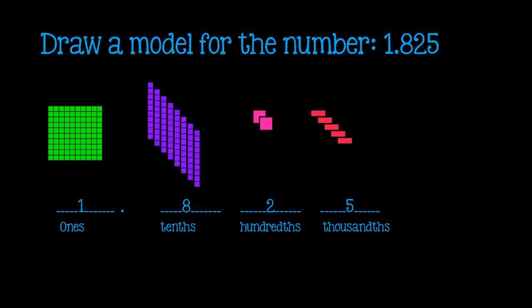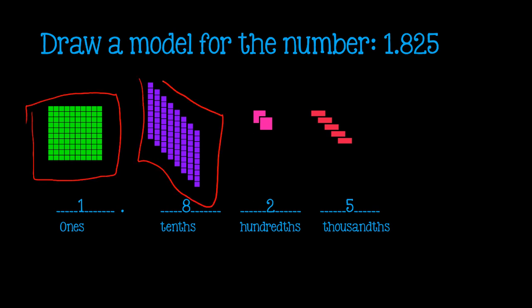So let's go back and look at our original problem. It's asking you to draw a model for the number 1 and 825 thousandths. So what we would do is we would draw our whole. We would have our sticks for our tenths, our individual squares for our hundredths, and our fat squatty blocks for our thousandths.